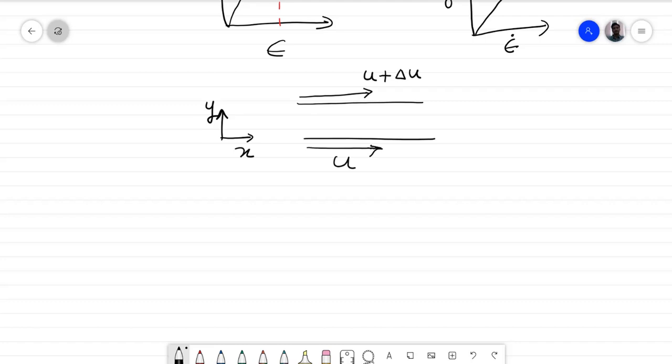And let's say the distance between the two layers is delta y. Let's say in time delta t, an element of fluid which looked like this deforms into an element looking like this.